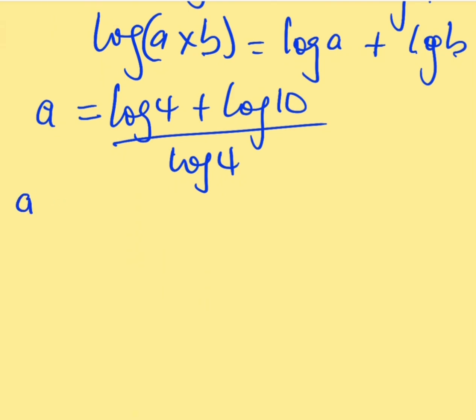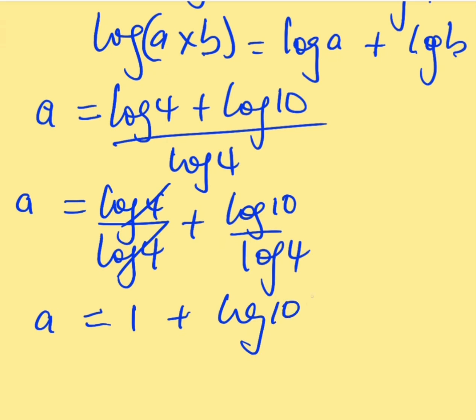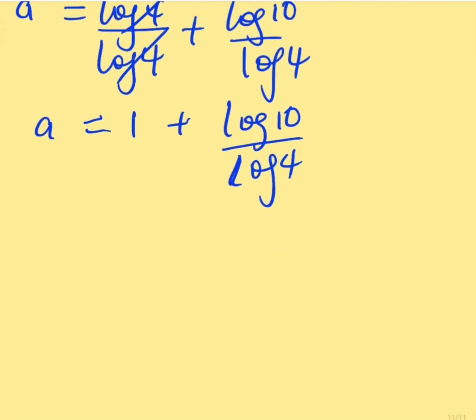So we can break this down as logarithm of 4 divided by logarithm of 4 plus logarithm of 10 divided by logarithm of 4. So this will cancel itself to give us 1 plus logarithm of 10 all over logarithm of 4. So from this, we can still break 10 down. 10 can be written as 2 times 5.